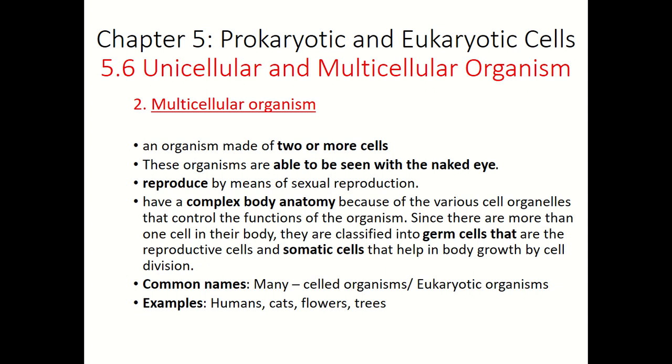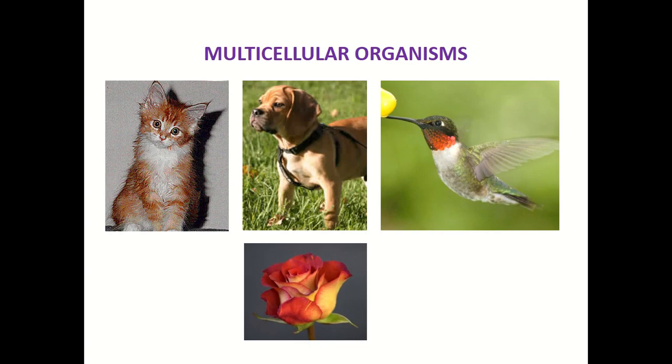Since there is more than one cell in their body, they are classified into germ cells, which are reproductive cells, and somatic cells, which help in body growth by cell division. The common names of multicellular organisms are many-celled organisms, or eukaryotic organisms. Examples are us humans, cats, flowers, and trees.